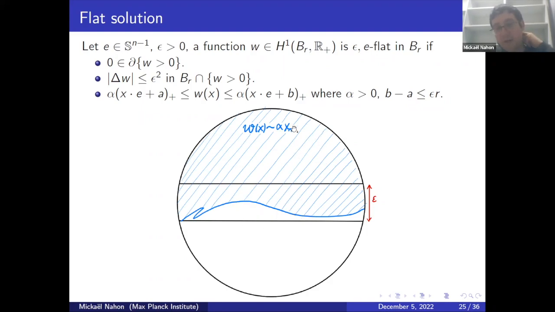So here I made a drawing. Imagine a ball of radius 1, the domain, which is in blue here. The boundary of the domain is between two parallel lines of distance epsilon. And so we follow more or less the procedure of De Silva to prove regularity.